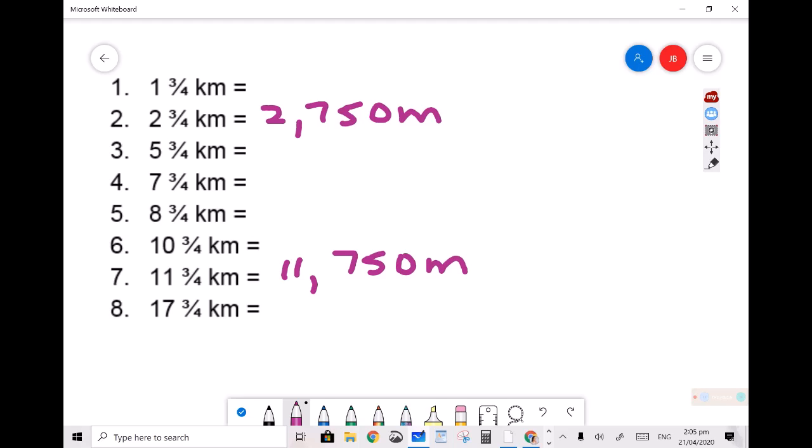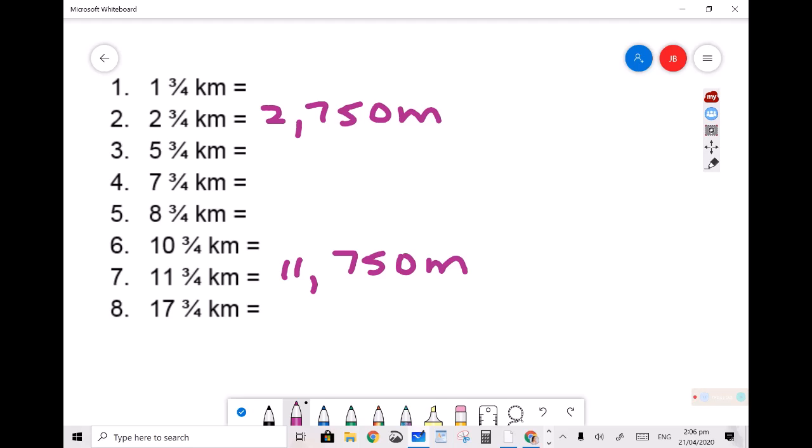So this is conversion again from kilometers to meters, using mixed numbers. Again, reminding students that in questions you sometimes get a variety of ways that they can bring the question. They can bring it as a whole number, as a mixed number with fractions, or with decimals as well. But it is most common with whole numbers and mixed numbers.